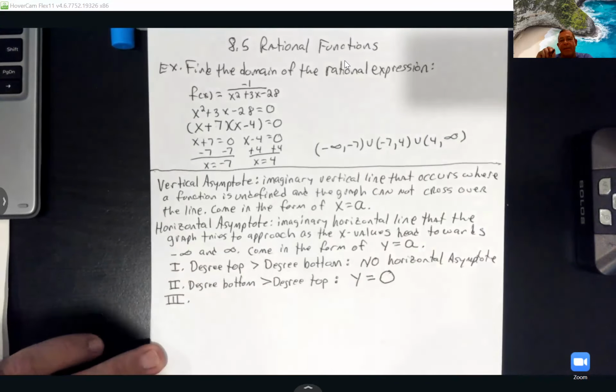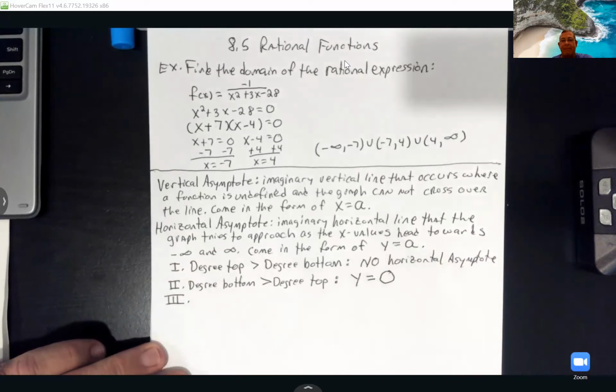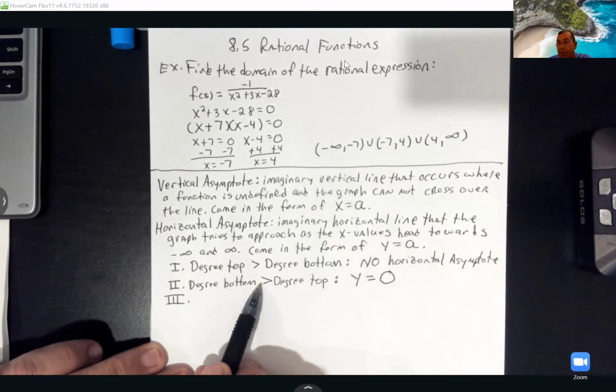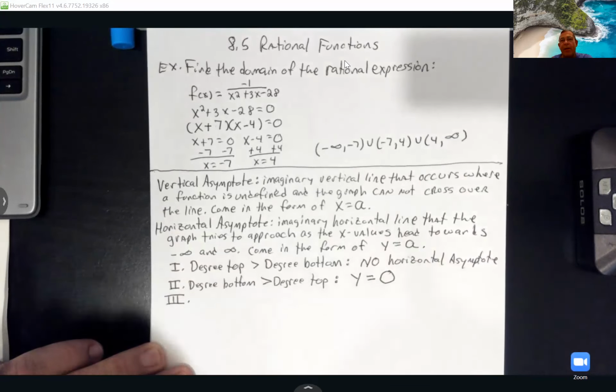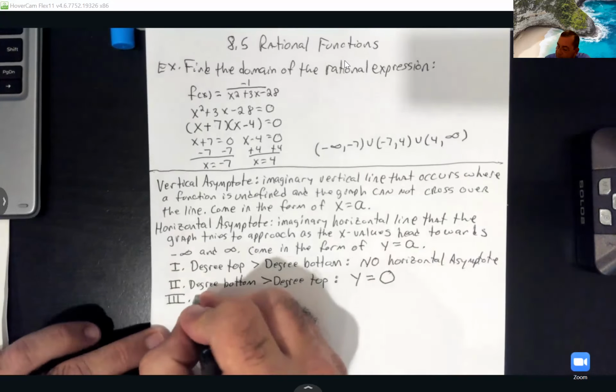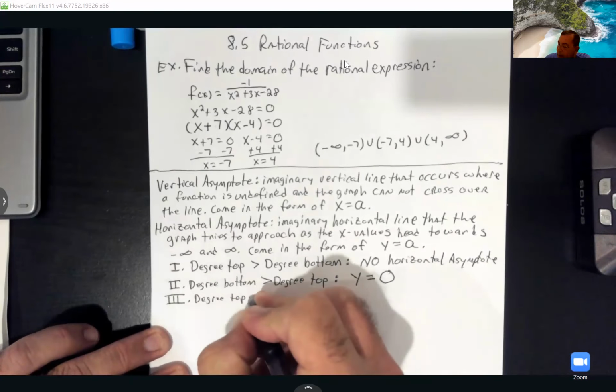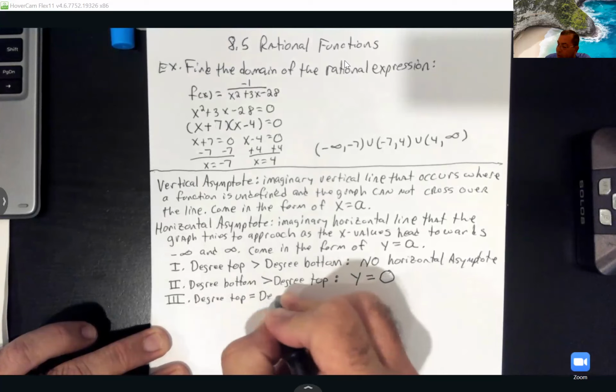All right, the third case that can happen. Well, the top was greater here, the bottom's greater here. What if they're equal? So the degree of the top equals the degree of the bottom.